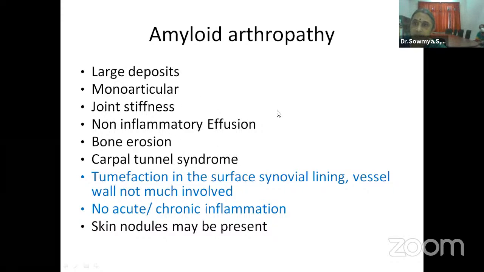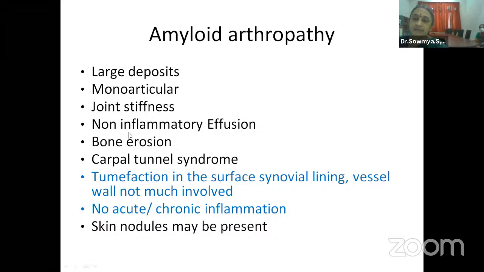Actually, some authors have also mentioned that there can be this amyloid material within the synovial fluid. So you can see some cloudy structures within the synovial fluid, and it can once again be stained and seen under polarized light, and you can demonstrate amyloid even in the synovial fluid.